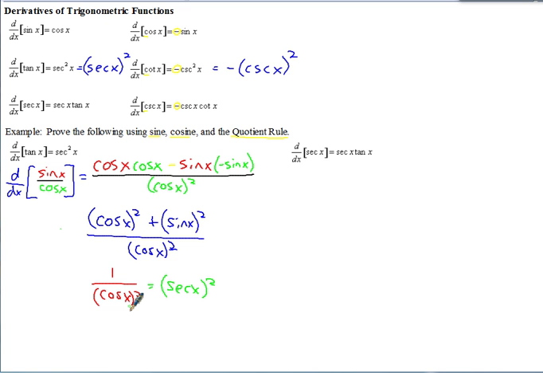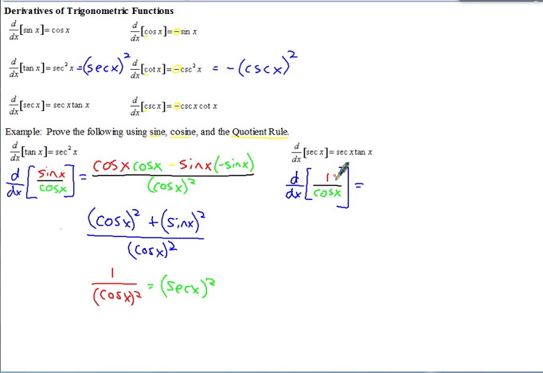All right, let's take a look at proving that the derivative of secant is secant x tangent x. So again, let's first rewrite secant x using sine or cosine. Secant, remember, is 1 over cosine. Alright, so again, let's use the quotient rule on that, which says we take the derivative of the numerator.